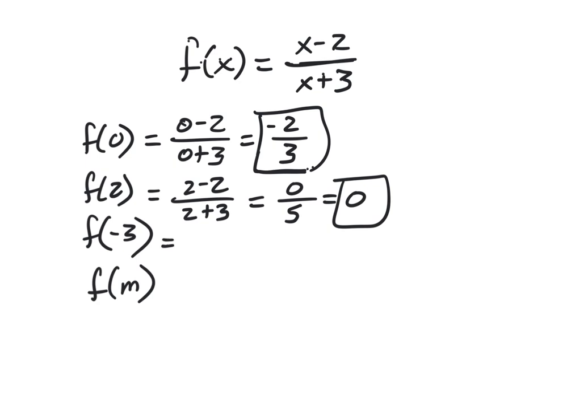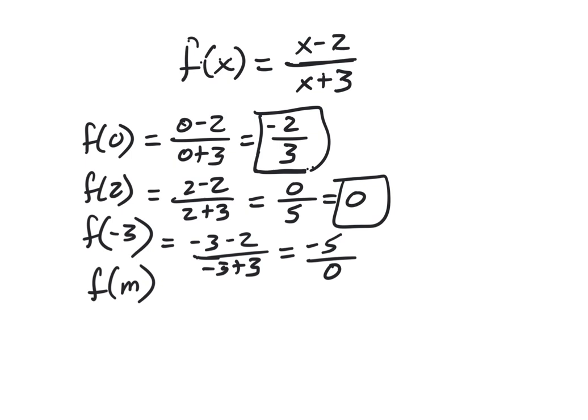Okay, for the next one, we would do negative 3 minus 2 over negative 3 plus 3. And what happens when 0 is on bottom? It's undefined.